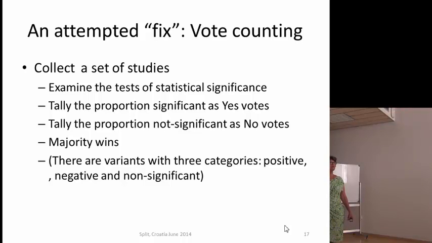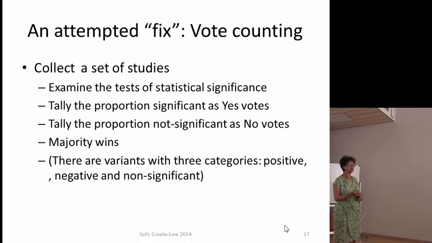So in vote counting, you collect a set of studies, and you can even use systematic review, rigorous, objective ways of collecting data, apply your inclusion criteria, and then say, I can't meta-analyze these. Either they're too heterogeneous or the effect sizes aren't extractable, and therefore I can't combine them because there's no statistical way of doing it. So what they end up doing is looking at the test of statistical significance.